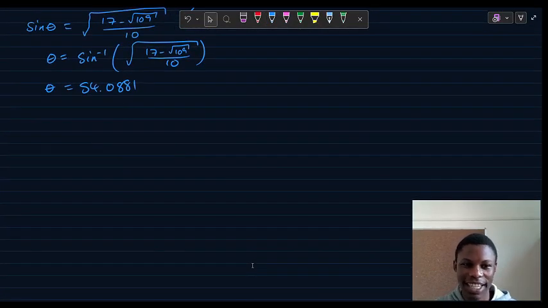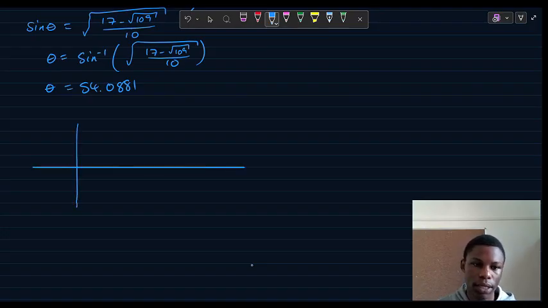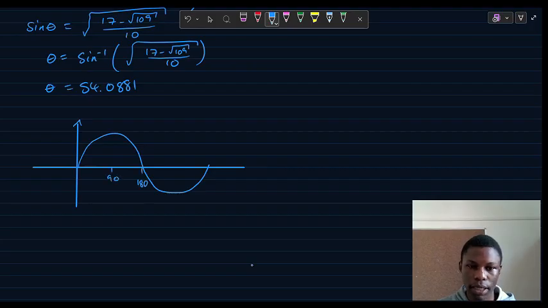And same procedure. We want to sketch out our curve. This time I only need the positive part. So this would be 90, this would be 180, this would be 270, this would be 360. So I've got my point, my principal value being theta is 54.08.